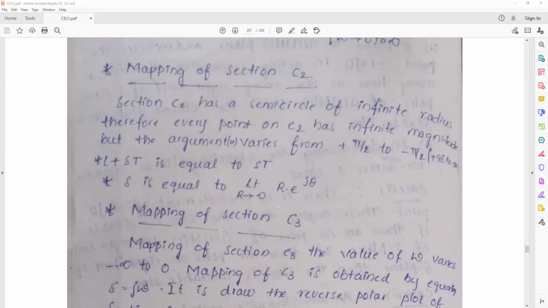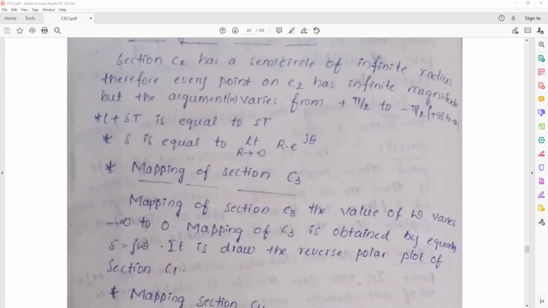And the mapping of section C3. So for the third mapping, section C3, the value of omega varies in reverse of C1. In C1 we took omega from 0 to infinity. Okay, and C3 is the reverse of C1. Omega varies from minus infinity to 0. The mapping of C3 is obtained by equating S equal to j omega.